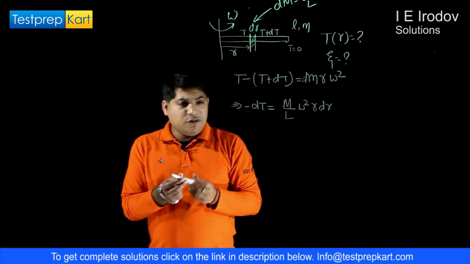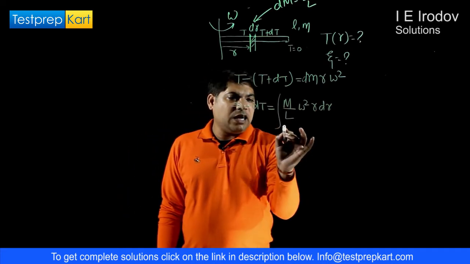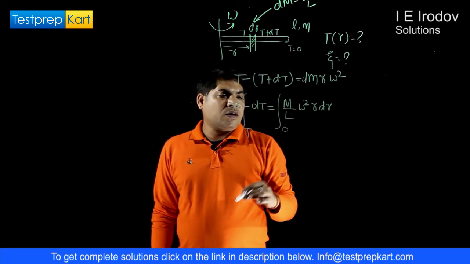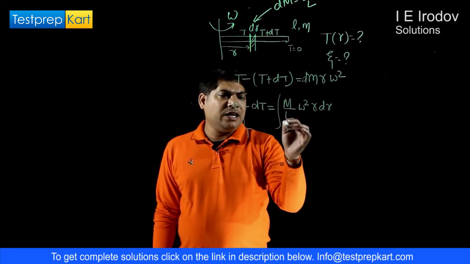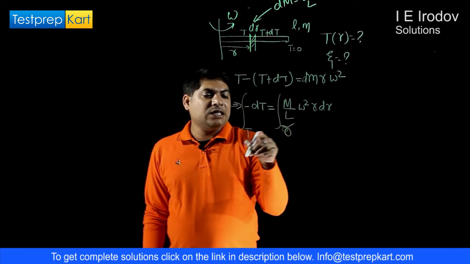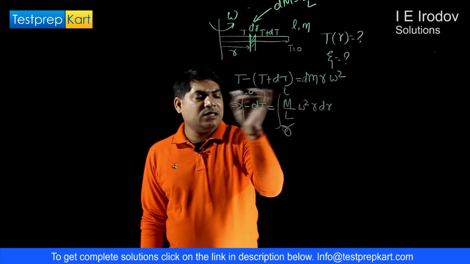So now we can integrate this function. When r is 0, tension is maximum. Let's take any point r. At distance r, tension is T, and when the distance is L, tension is 0.